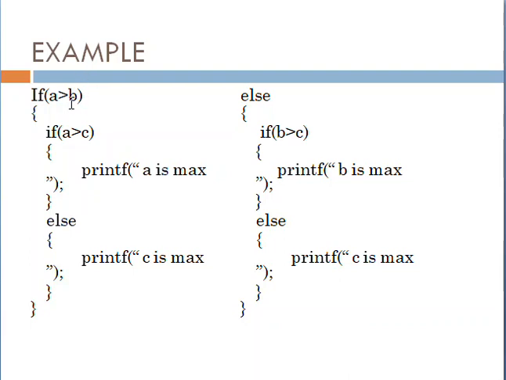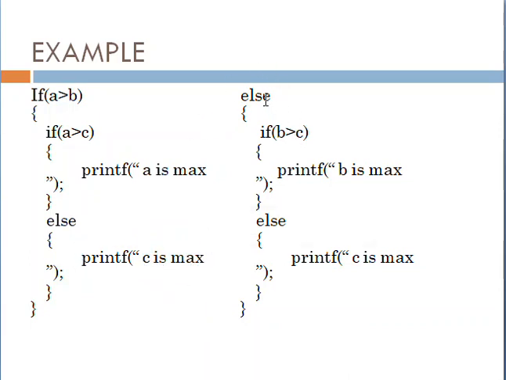Here we have 3 numbers. We have seen an example. If a is greater than b, and again here we compare a greater than c. Here two conditions are checked simultaneously. So here it prints a is maximum, else c is maximum, because b is also compared here, and c is the only variable remaining, so c is maximum.